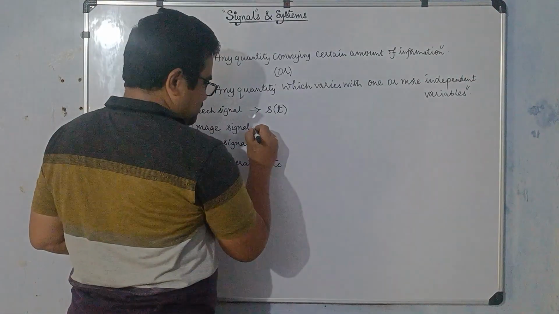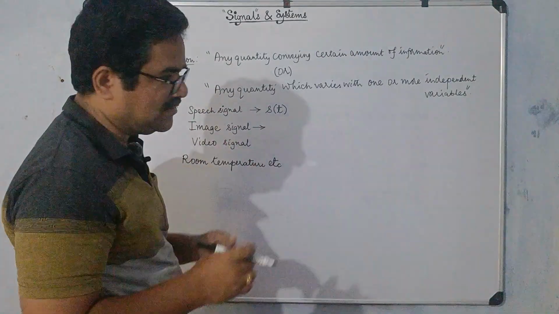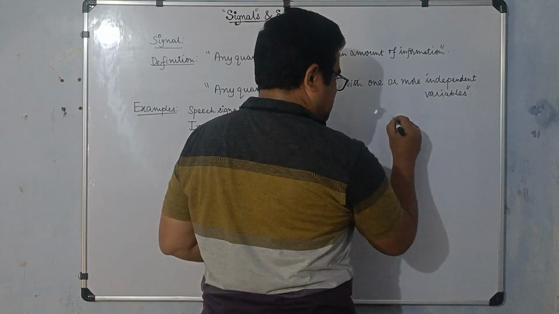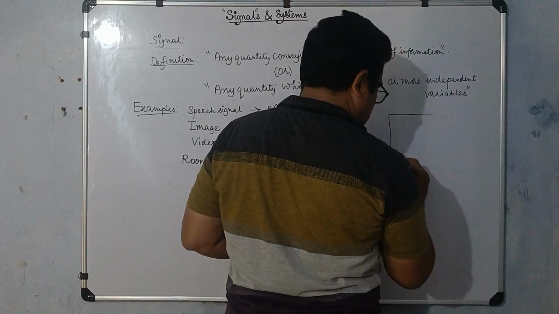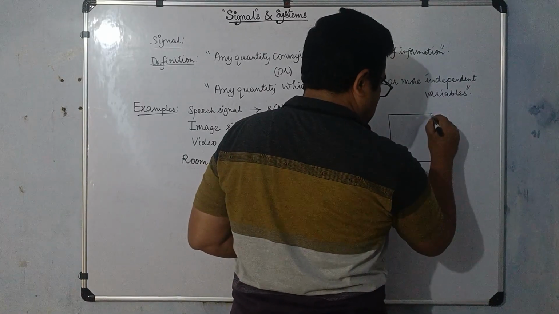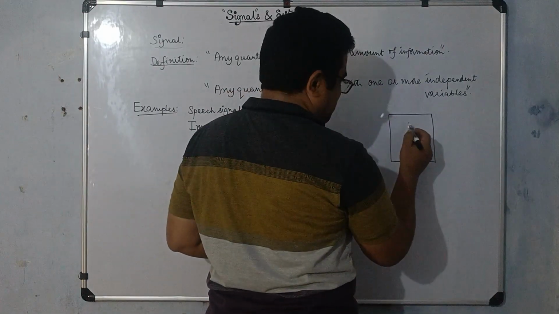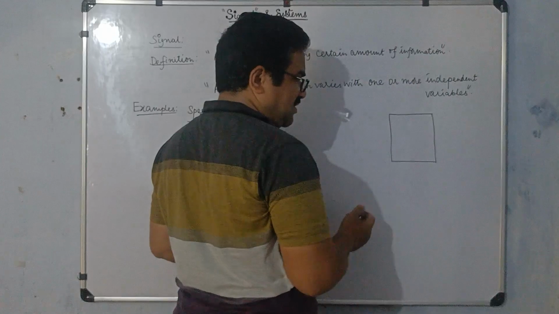For example, if I take speech signal, and I use the letter S for the speech signal, it is varying with respect to time. So it is a function of time. Time is an independent variable, so it keeps on changing with respect to time. Or if I take image signal, image is nothing but just a picture. Let us say you are looking at some picture in your mobile. Let us say this is your mobile screen, and you have certain image, like some image of some person or whatever it may be.